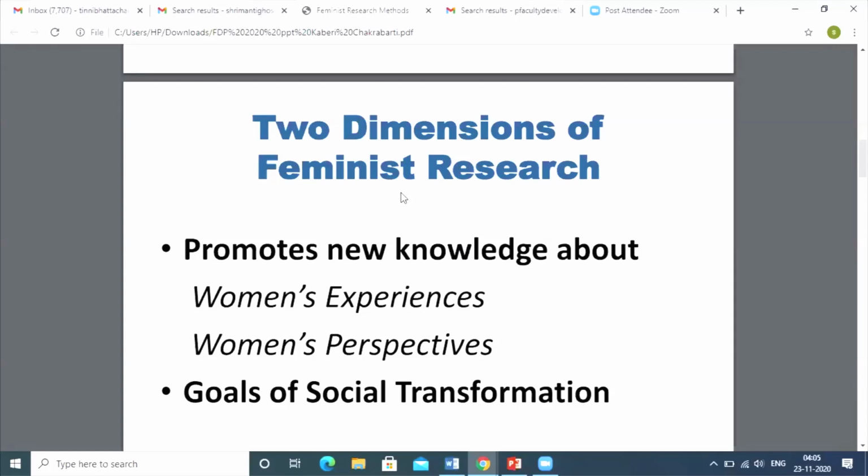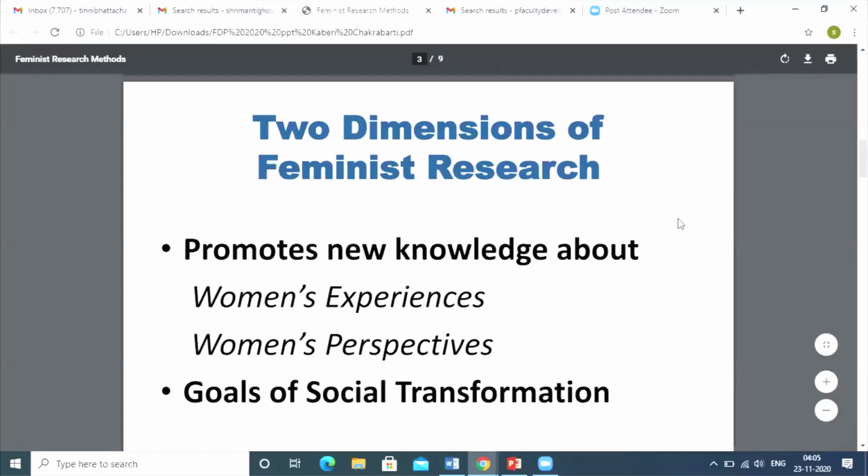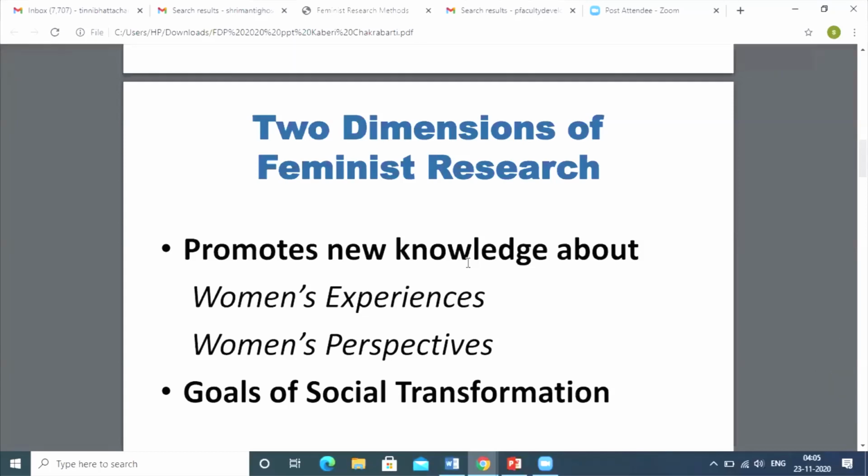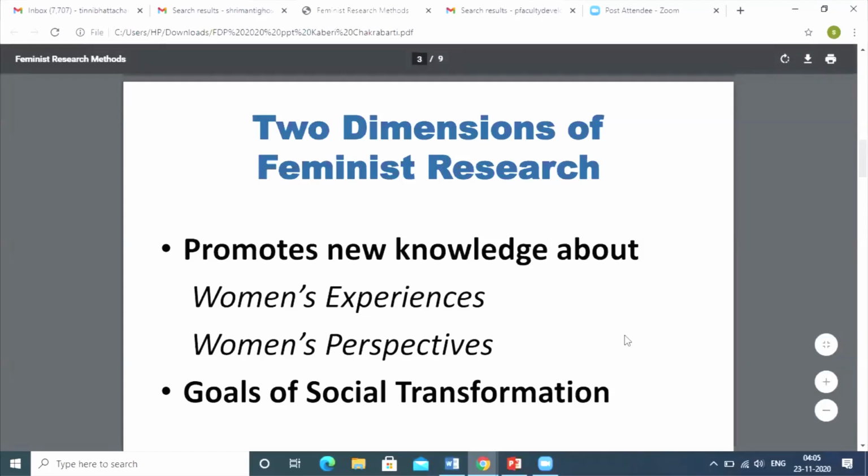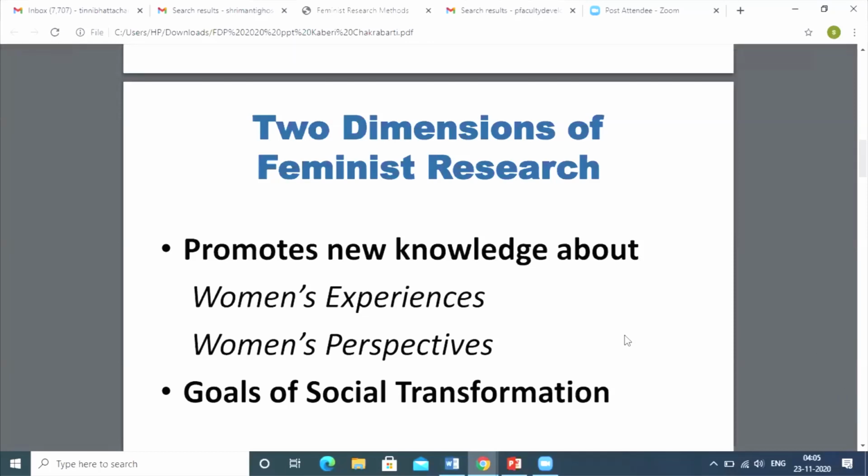One is research as academic pursuit, and secondly, research as practice. This is a very important starting point of feminist research: the boundaries of academic pursuit and practice, and how these two boundaries are actually negotiated.